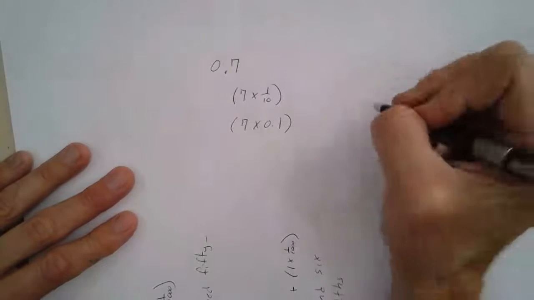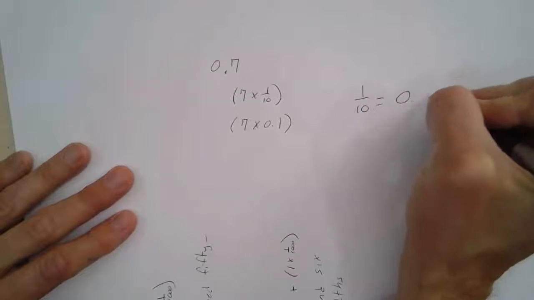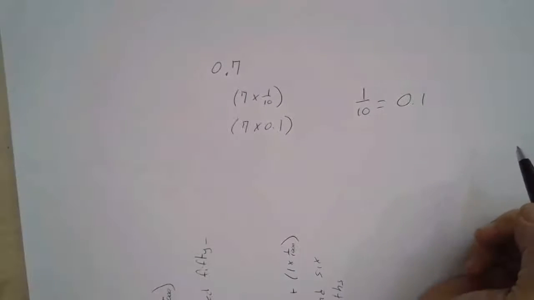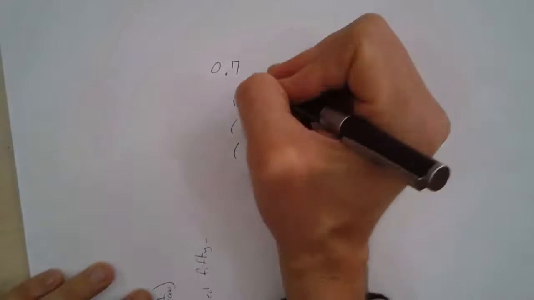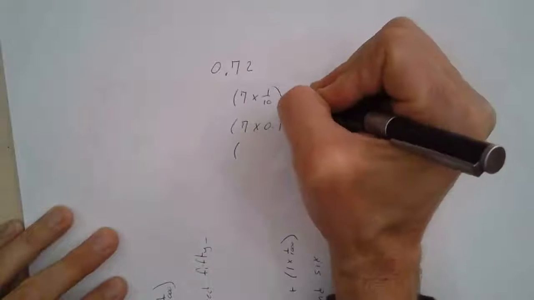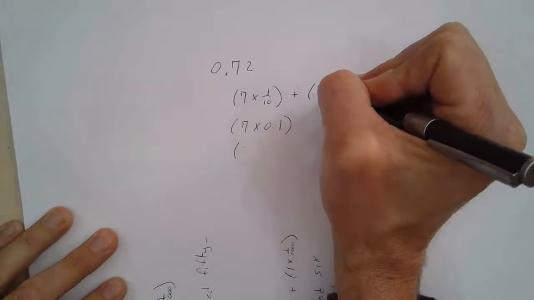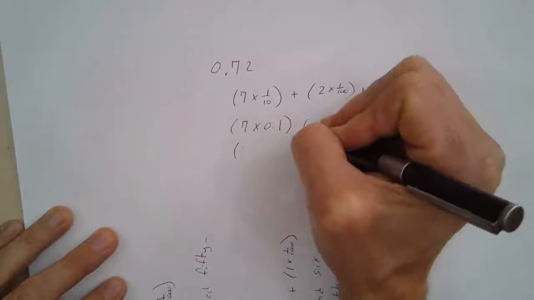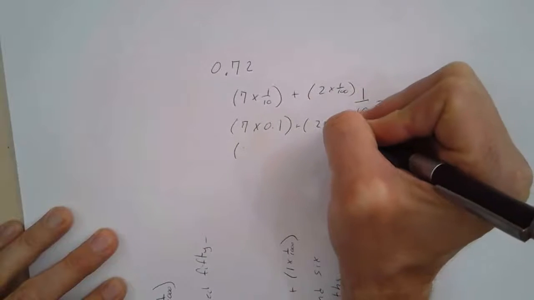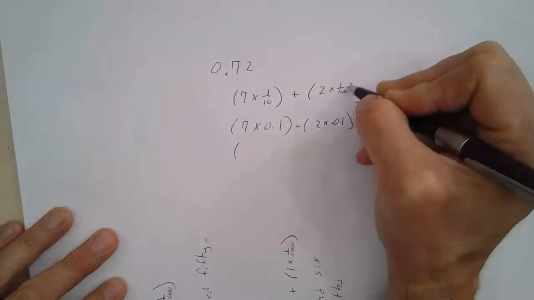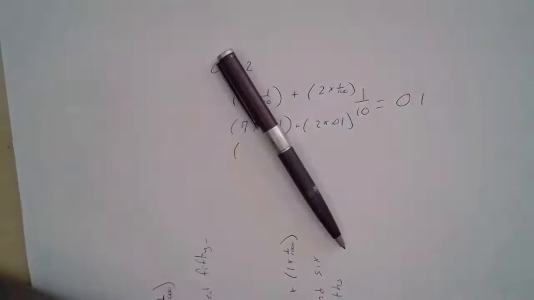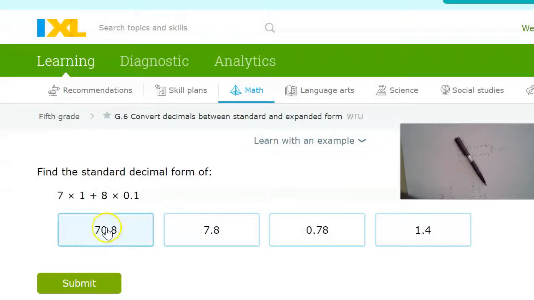No, because 1/10 equals 0.1. They're the same. So we can do it either way. And that's actually pretty good to know. So then the hundredths, this would be added to 2 times 1 over 100, or probably in IXL land, 2 times 0.01. Because again, 1 over 100 is the same as 0.01. All right, let's go back. So I have 7 times 1, so that's 7, plus 8 tenths. So 7.8, 7 and 8 tenths.